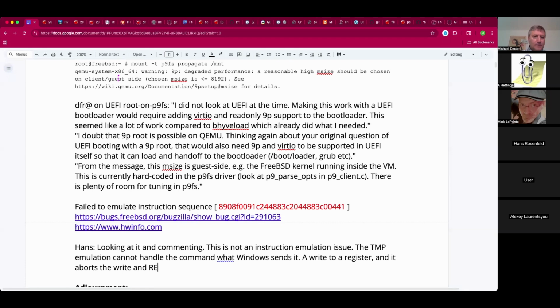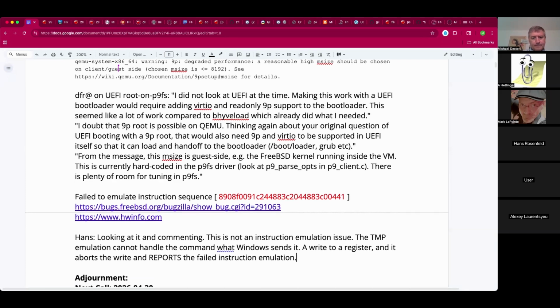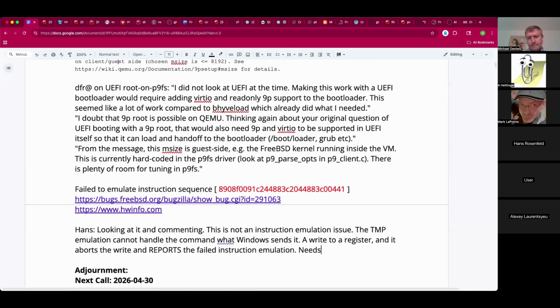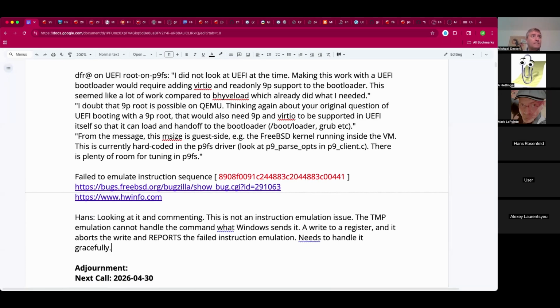The TPM needs to be fixed to handle this more gracefully, either by ignoring it or by returning a proper error through the hardware registers, whichever way that would be. I'm not familiar enough with TPM to know that off the top of my head.